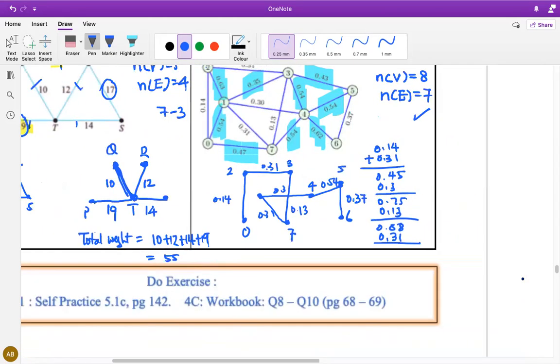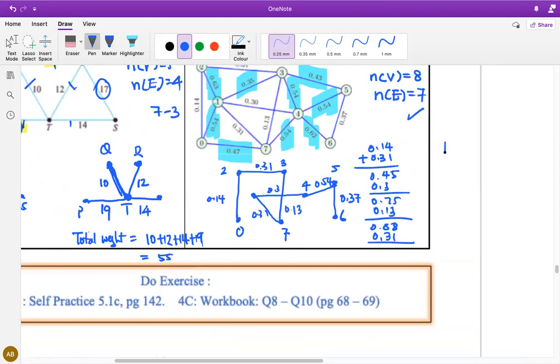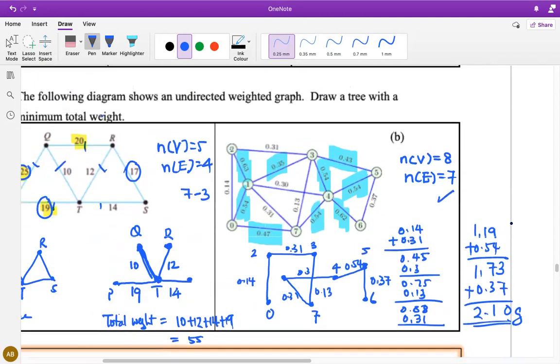Okay, so you have 1.19. Then we plus 0.54. So here's 3, here's 7, 1.73. Then you plus 0.37. So you get 2.10 gram.